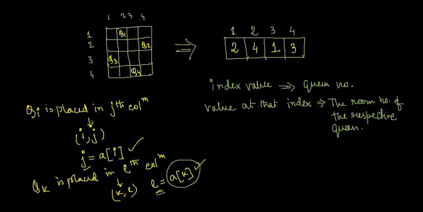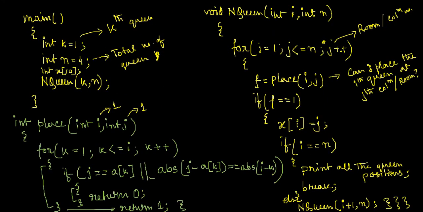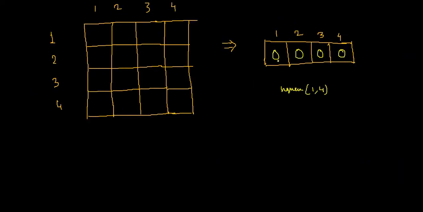Just for the safe side, assume that we will keep all zeros over here. j is 1 and a of k means a of 1. Are they same? No, they are not same, because a of k is equal to 0.